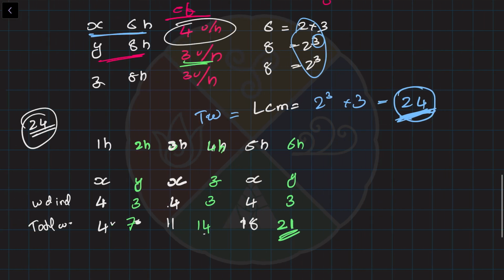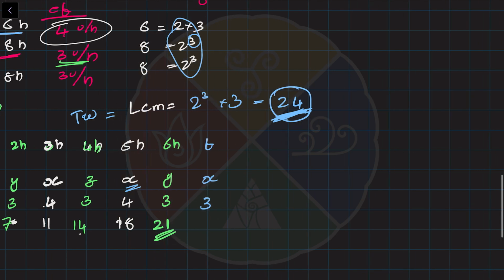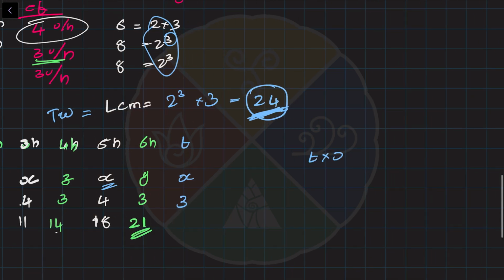Now only a little more work is left. Total 24 work has to be done, 21 work has already been finished. Someone has to come and do 3 more work. To do that last 3 work, we'll be bringing in X because he is faster. We have to find the time. Time into efficiency of X is equal to work done. 3 is equal to efficiency of X, 4 units per hour, into time.